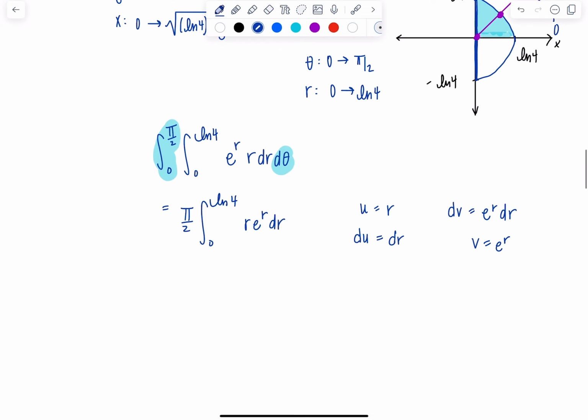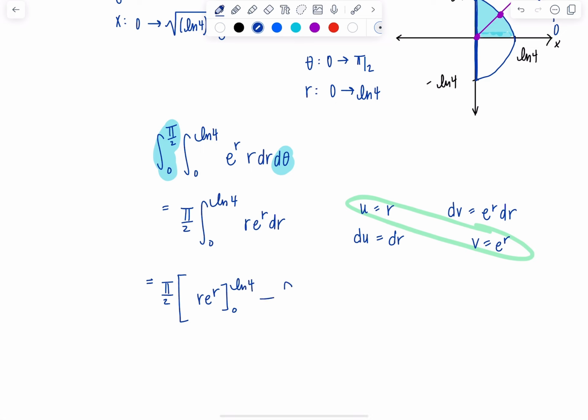Good. So then we have pi over 2 times uv, so that's r e to the r, evaluated from 0 to ln of 4, minus integral 0 to ln of 4 of v du, which is e to the r dr.